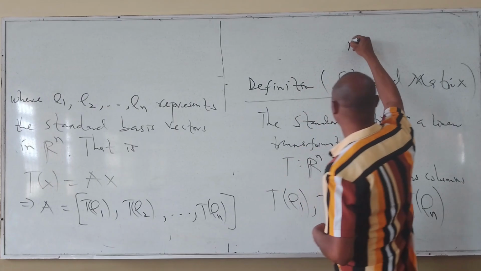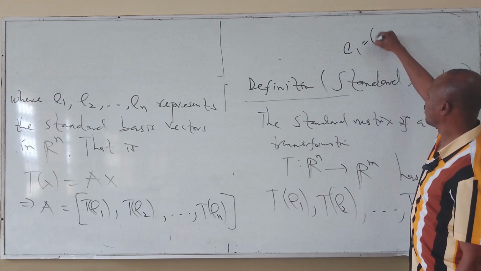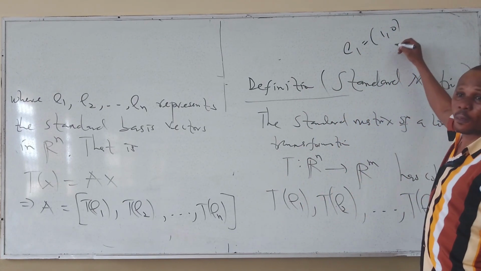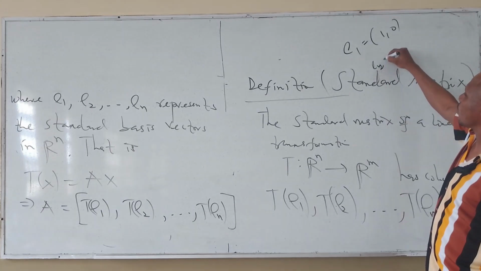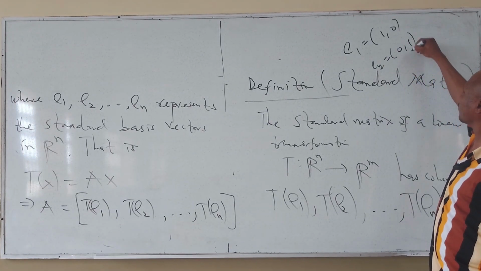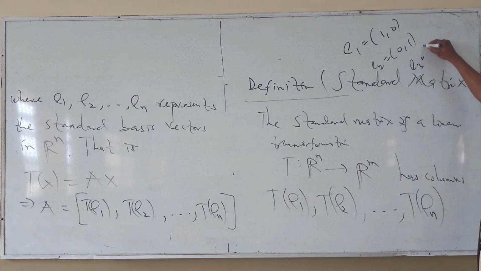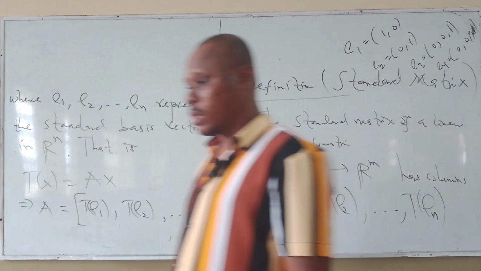So more or less, u1 is 1, 0, assume it's 2 by 2. u2 will be 0, 1. u3, 0, 0, 1, 0. u4, 0, 0, 0, 1. The fourth one is 1. We call this a standard basis.